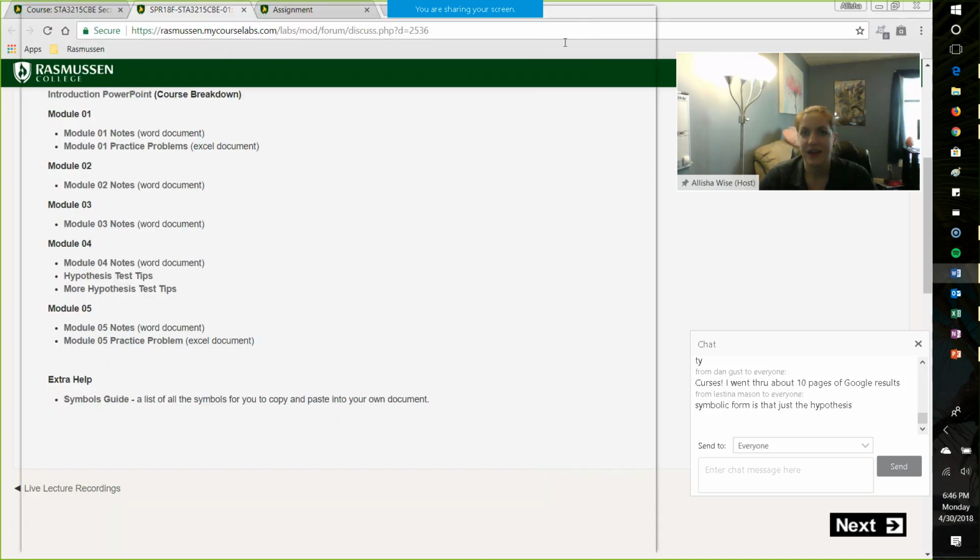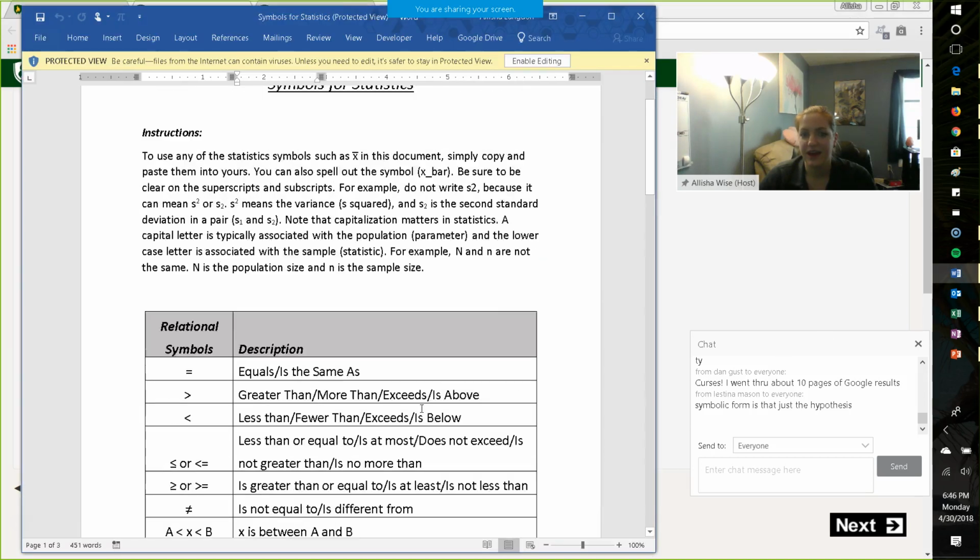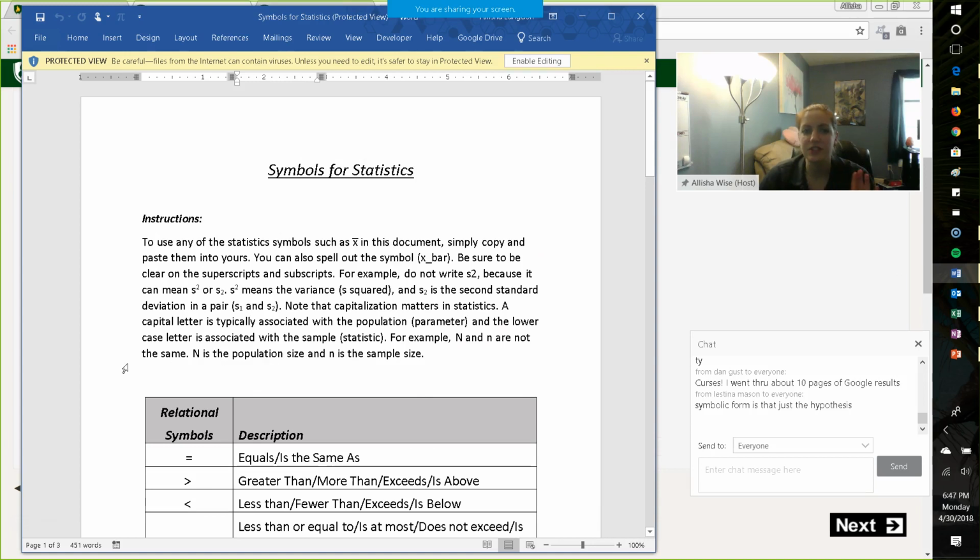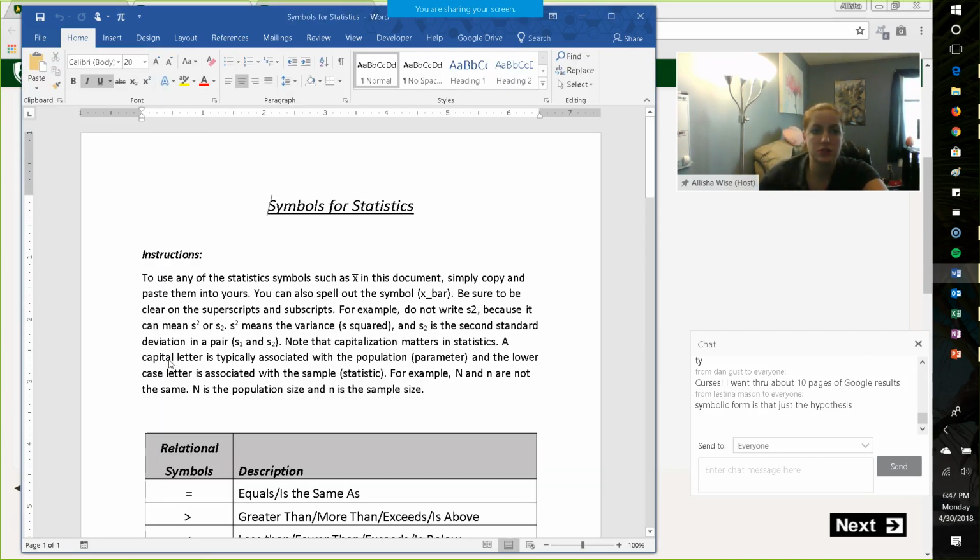And if you don't want to write it out, you can just write H, and then there's a subscript button. You can hit the subscript to type 0, and then click it again to get out of there. That's another way to write it out. There are little tricks that you can find.